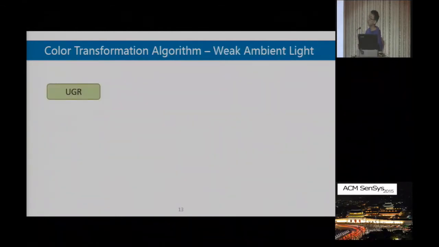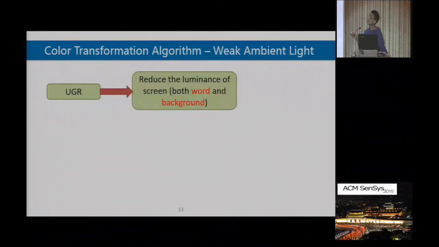And how about under weak light? Under weak light, UGR is more important, because strong luminance might offend our eyes at night. So we want to reduce the luminance of the screen, both word and background.